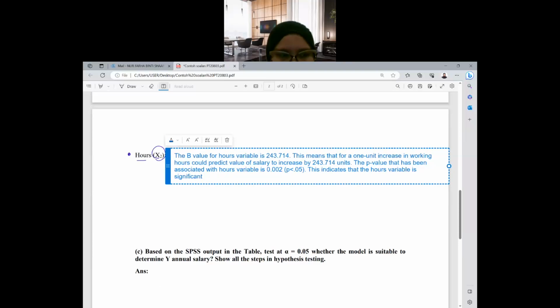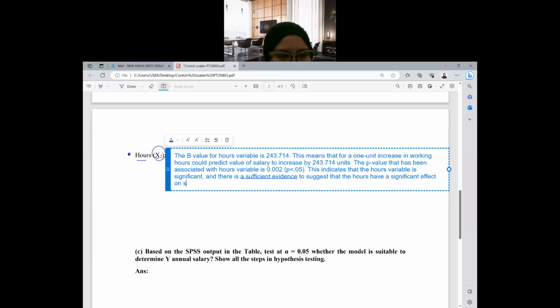If it is significant, we can say that there is sufficient evidence to support or to suggest that the hours have a significant effect on salary.